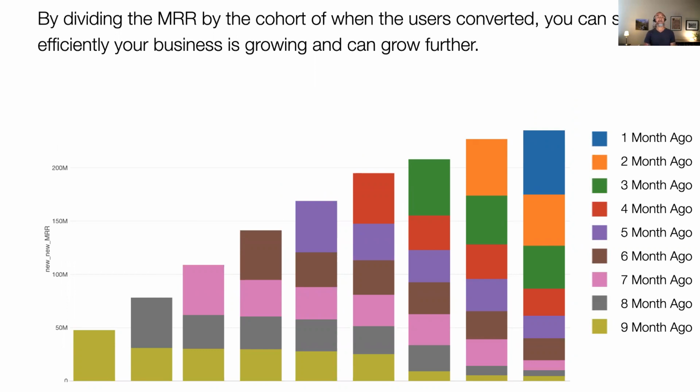Then you can see how efficiently your business is growing or can grow further. Each color is when the customer signed up or converted, such as 9 months ago, 8 months ago, and so on.